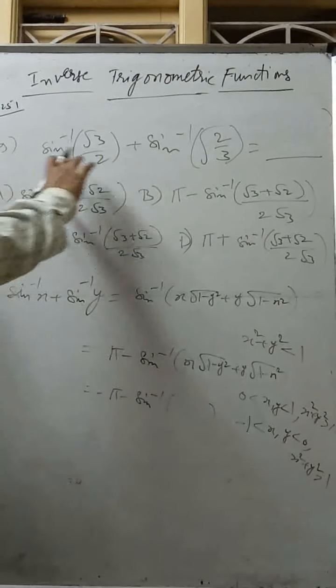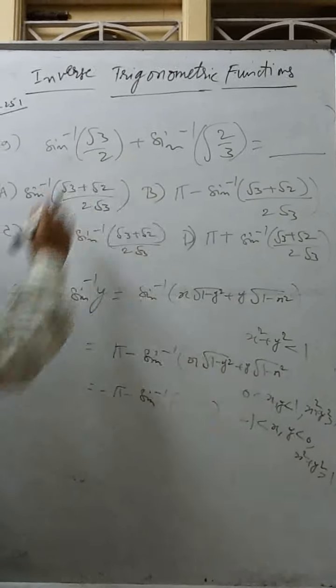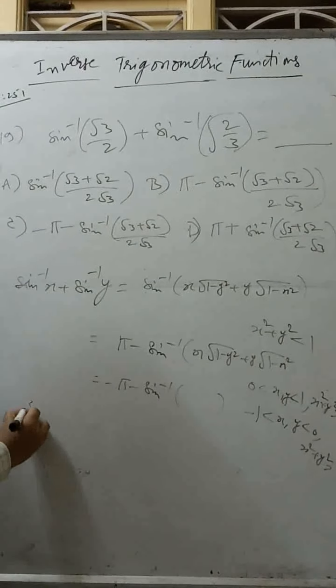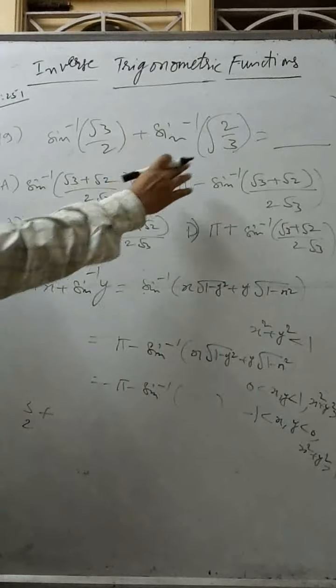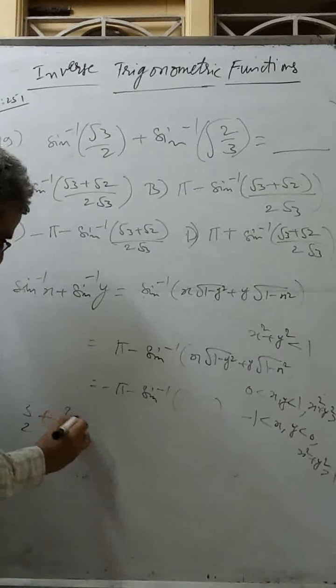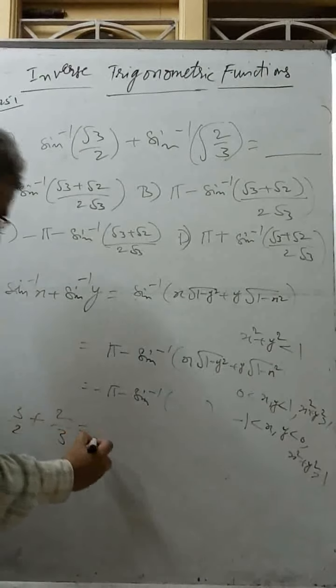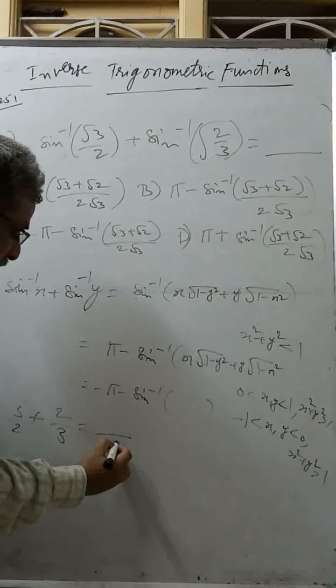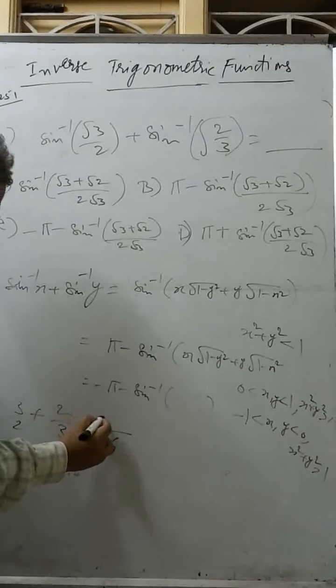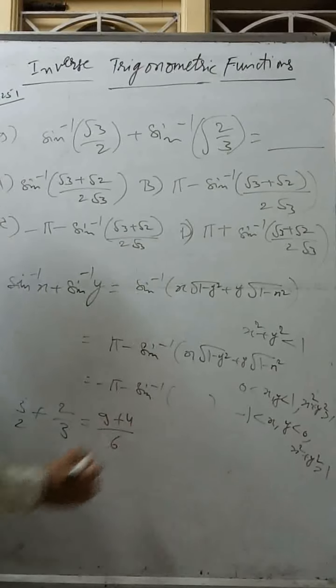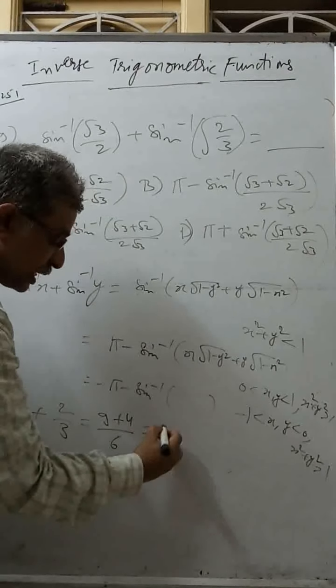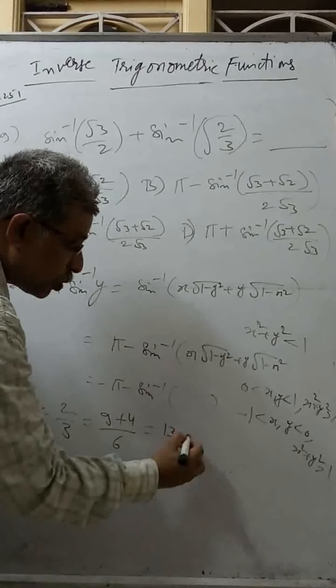So x square plus y square. What is x square here? X square is 3 by 2 plus what is y square? Root of 2 by 3 whole square becomes 2 by 3. So 3 by 2 plus 2 by 3. LCM is how much? 3 2 is 6. And this is 3 3 is 9 plus 2 2 is 4. This is 13 by 6, which means more than 1.